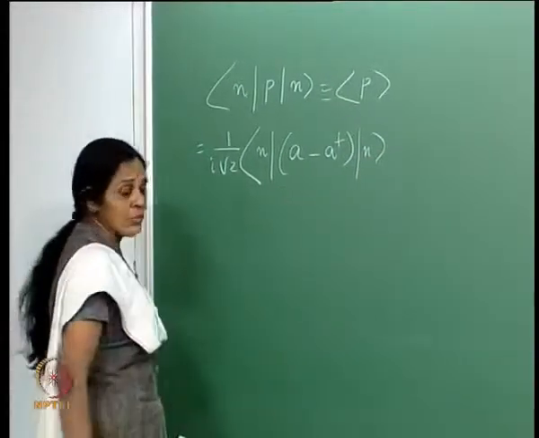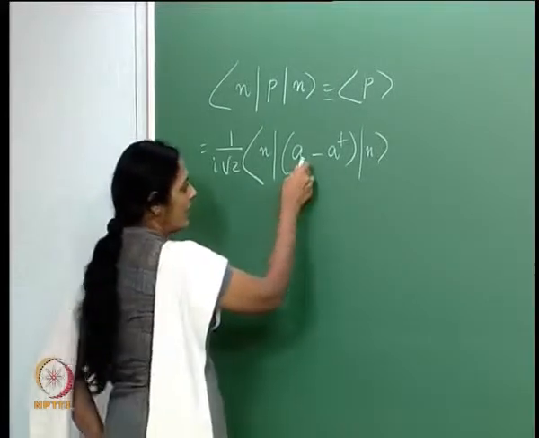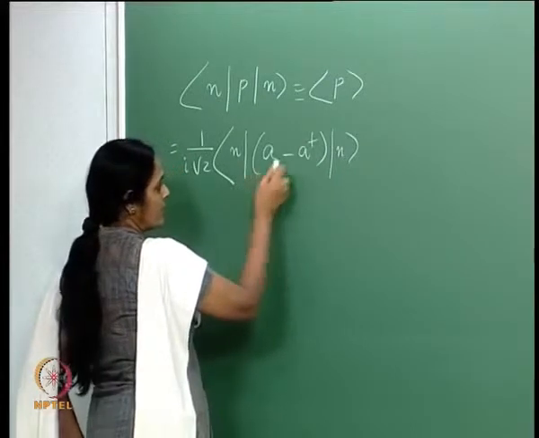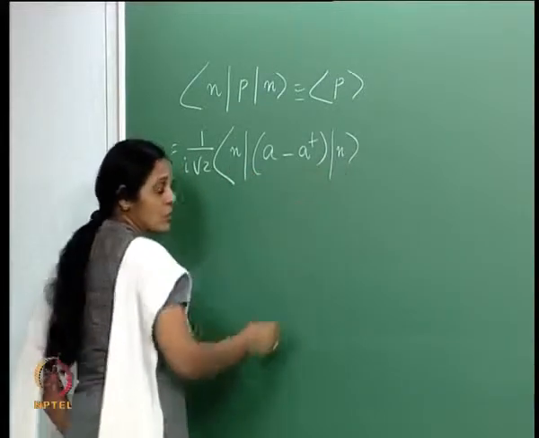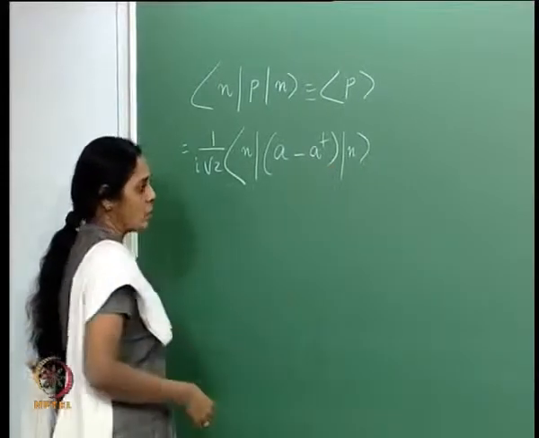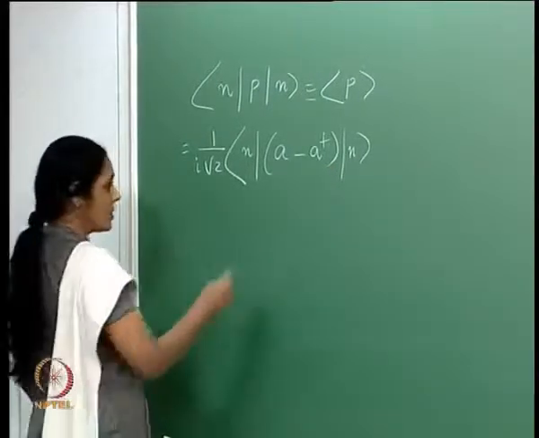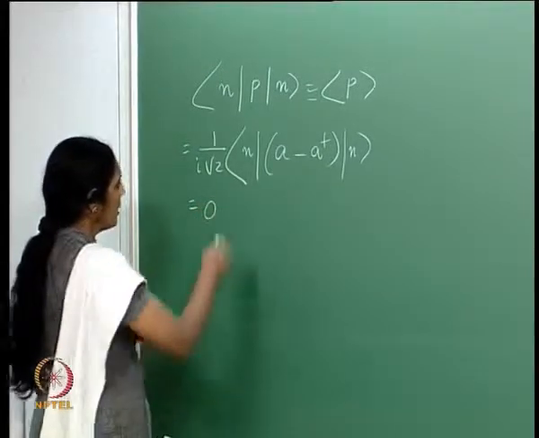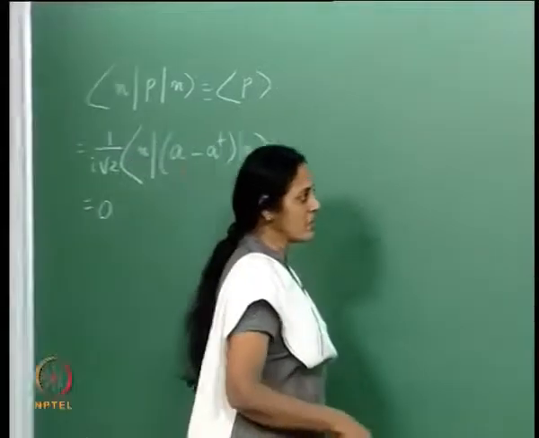Once more I use the same argument. a acts on |n> to lower it to n minus 1, but ket n is orthogonal to ket n minus 1. Similarly, a dagger raises this to n plus 1, and the second term also is 0. I use the same arguments as I used earlier, and therefore the expectation value of p is 0.